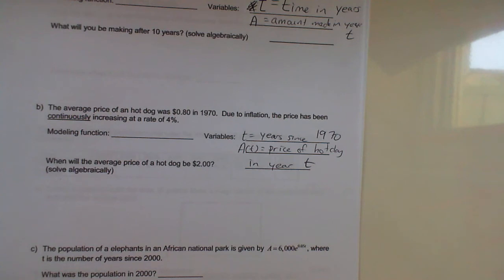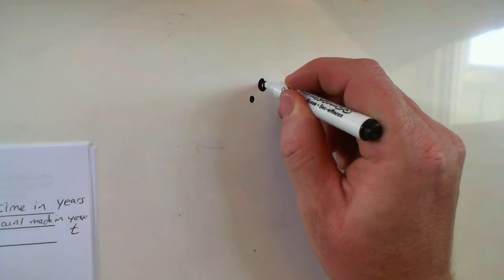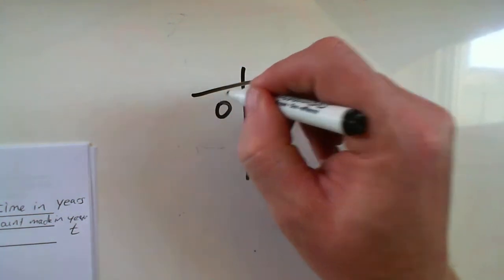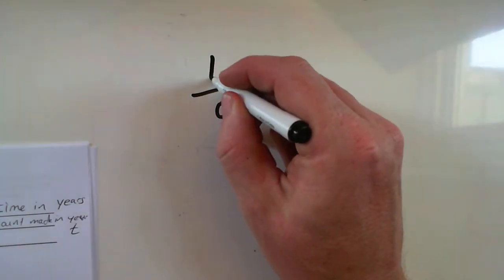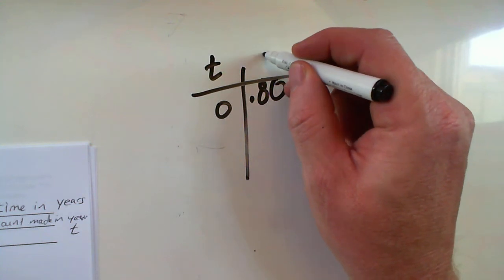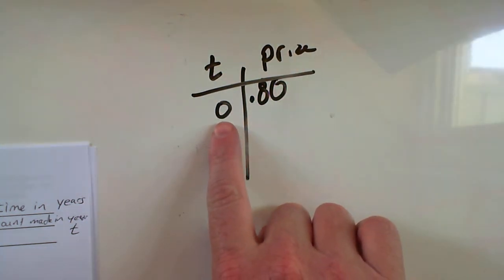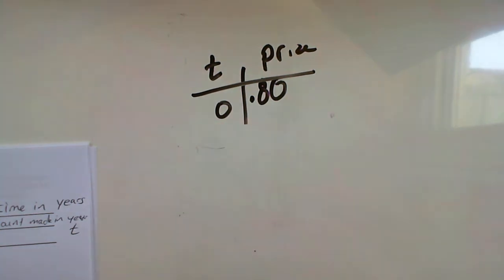So what we have now, because we know that it was 80 cents in 1970, that actually gives us our 0 point. That is our initial condition. Because we defined t to be the years since 1970, we can make this function quite simple.